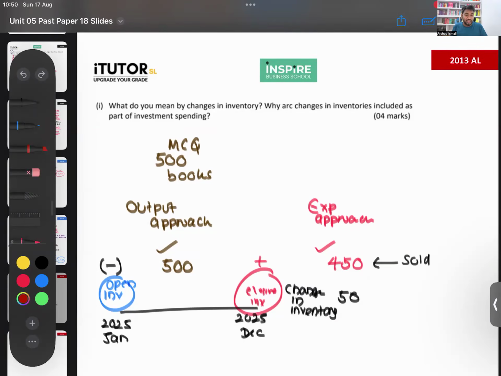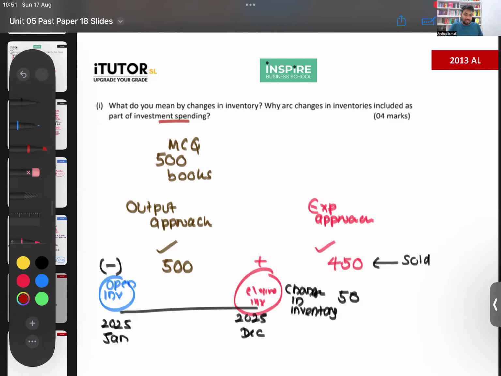So there is an issue there. In order to bridge that dilemma, you have this change in inventory adjustment. So why is it a part of investment spending? Because businesses have spent money to produce it. Now my 50 MCQ books, even though the 450 sold is private consumption, the 50 that is unsold will be under investment spending because I have produced it.